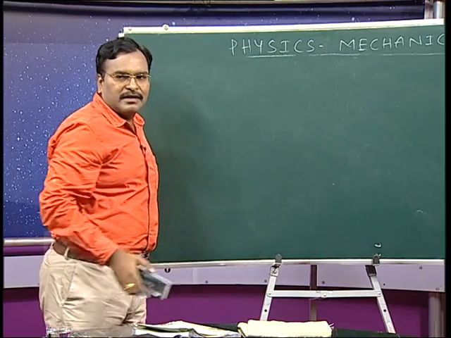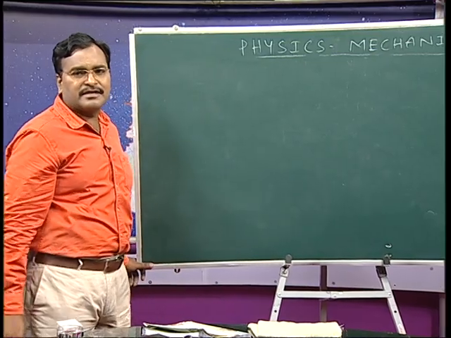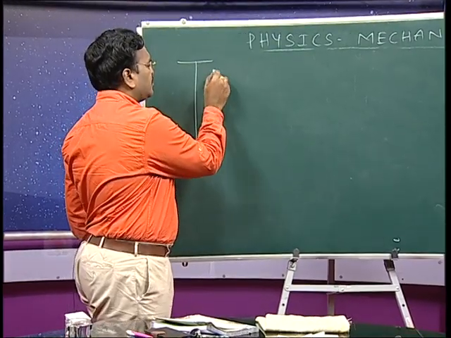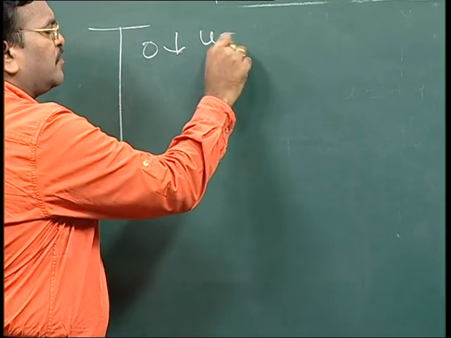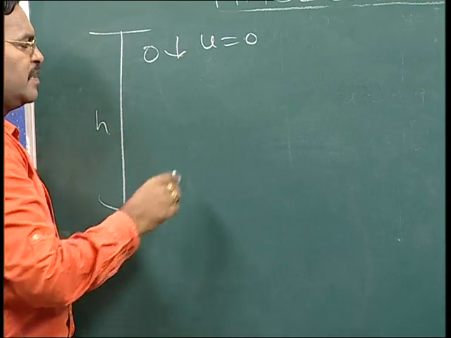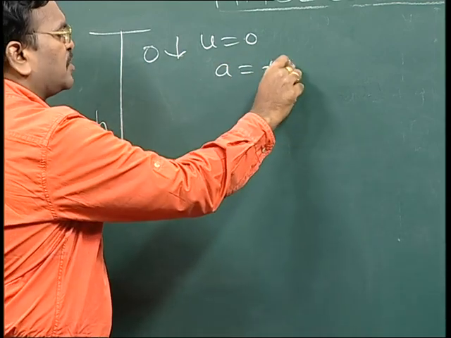Now, I have discussed equations of motion in the case of a freely falling body. Let a body be allowed to fall freely from a height h. At that time, acceleration a is equal to plus g.